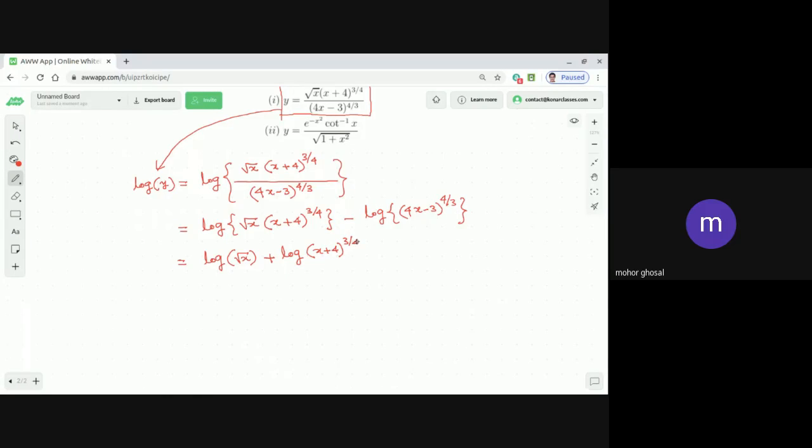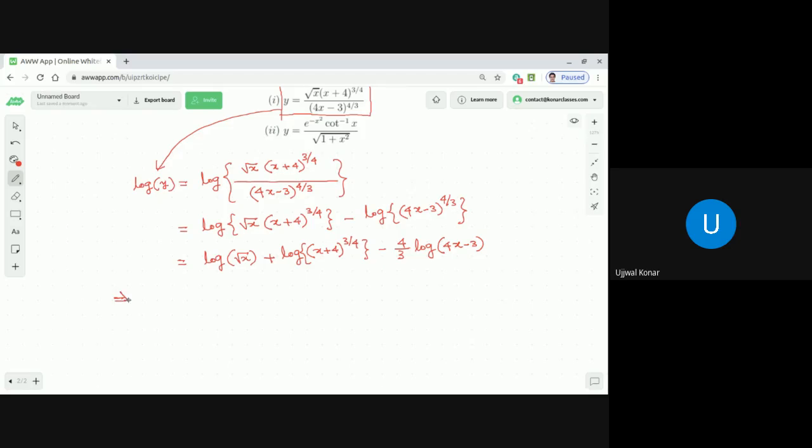Correct or not? Yes. And we know one formula, log of m power n is equal to n log m. That is equal to 4 by 3 into log of 4x minus 3. Correct or not? Clear or not clear? Yes, clear.